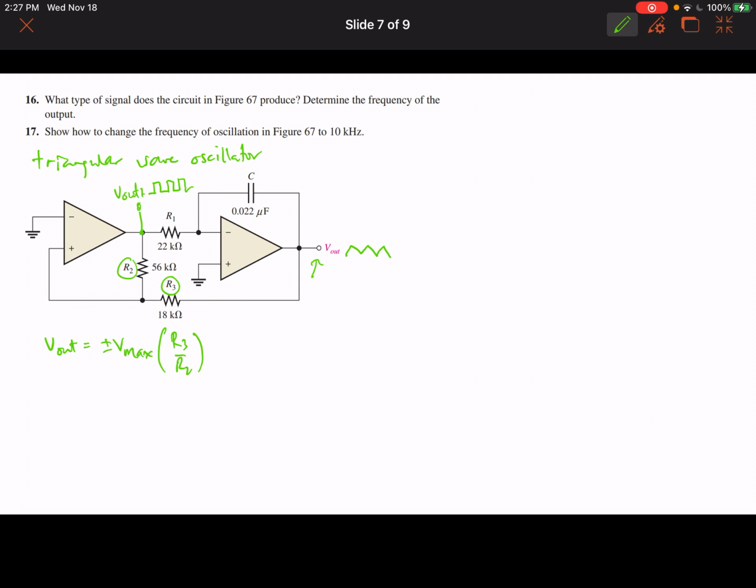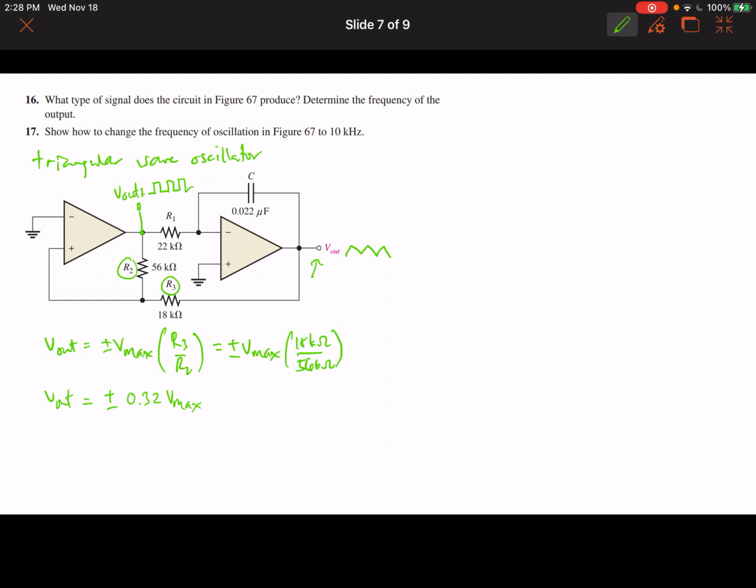Since we don't know what Vmax is, we just have this expression for Vmax. We do know what R3 and R2 are, so that's 18 kilo ohms divided by 56 kilo ohms. So we know at least that the output voltage is given by 0.32 times Vmax.